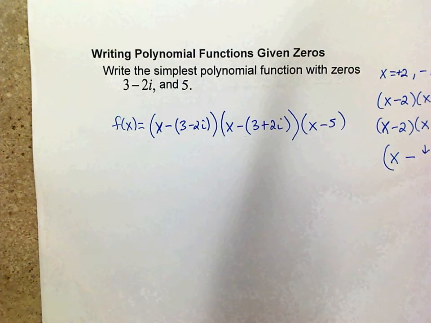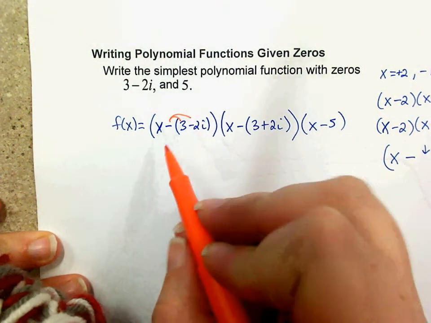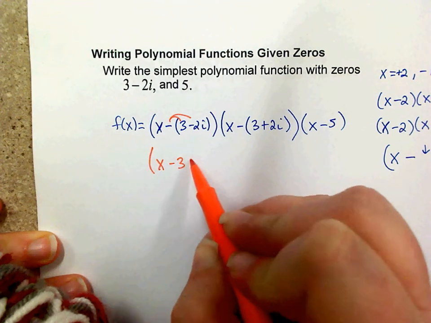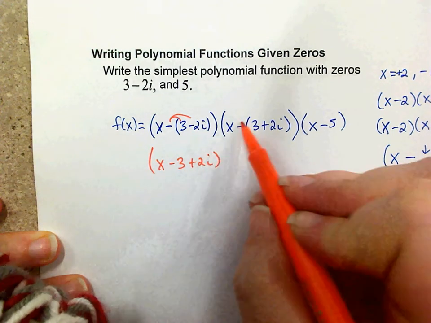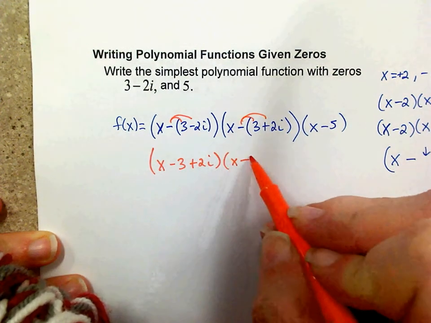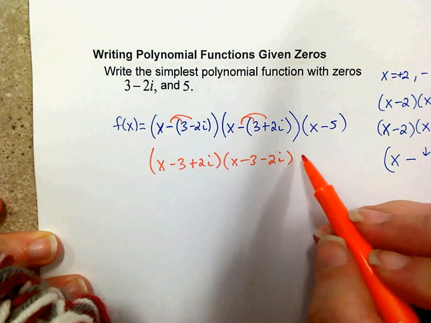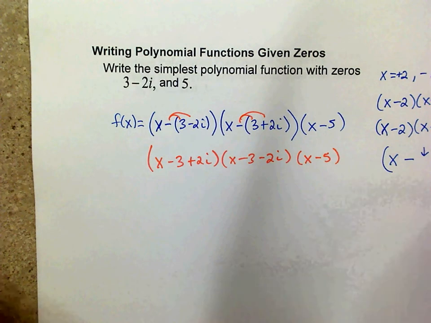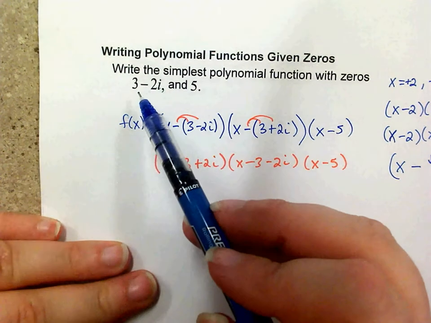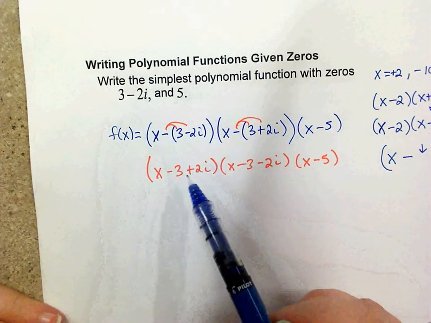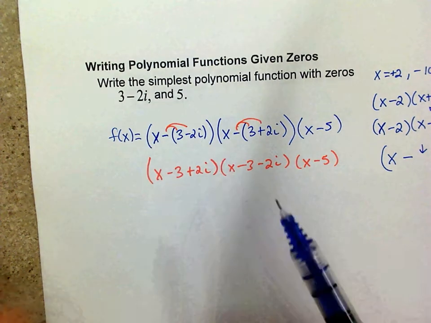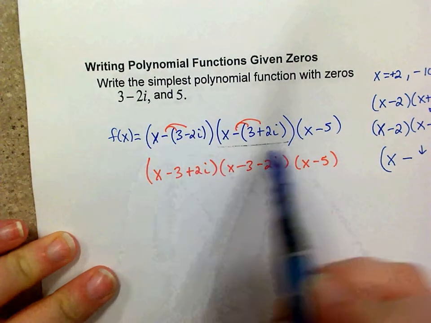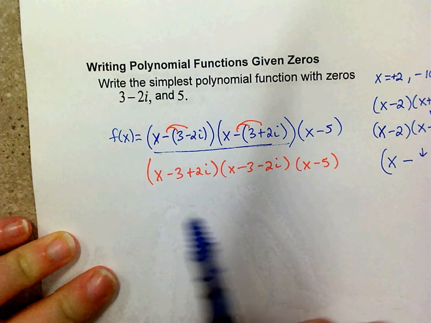If you were to distribute this negative, you would end up with x minus 3 plus 2i and x minus 3 minus 2i, and then x minus 5. Because you just say x minus, the 3 changes sign, and then you have a plus 2i and a minus 2i, you don't need to write this step. You can just go ahead and write it that way, and we'll do that from here on out.